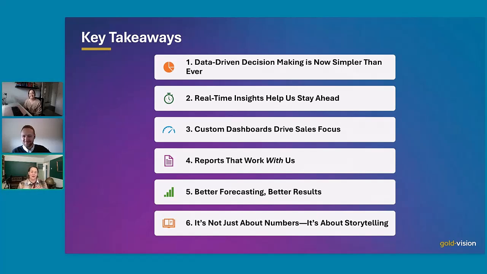Before I run through the key takeaways of this session, one last poll from me. Just understanding for our sake more than anything, what your biggest challenge is when it comes to reporting in Goal Vision. Because hopefully off the back of this session, it's making a little bit more sense. You've got some ideas, a bit of inspiration.